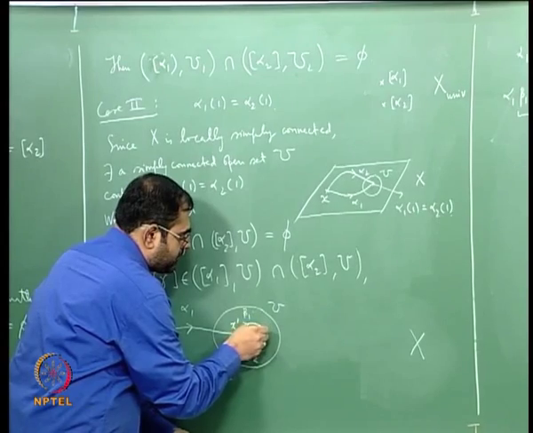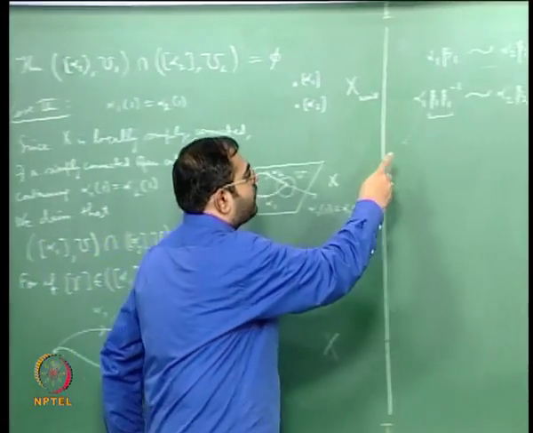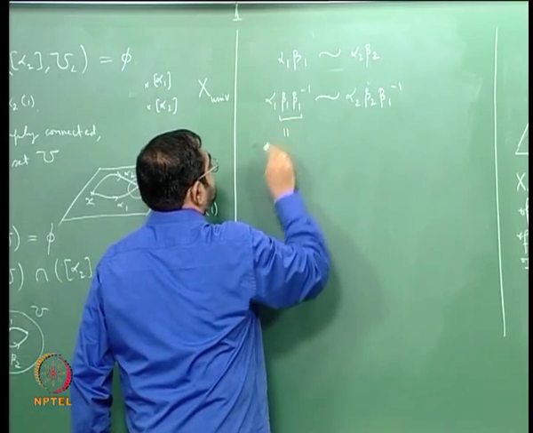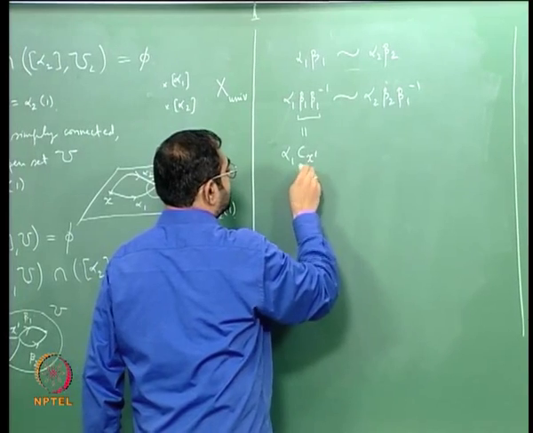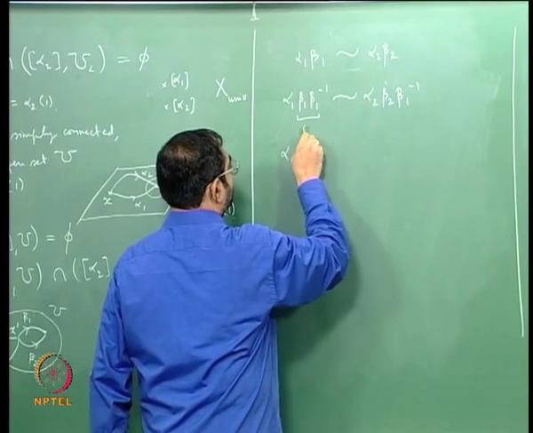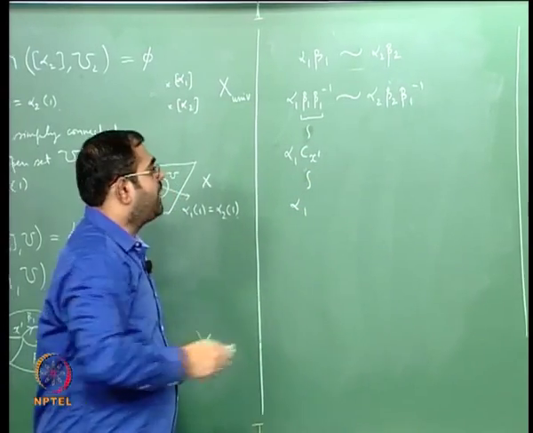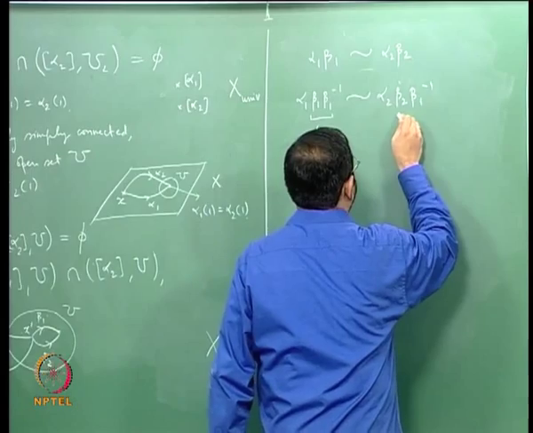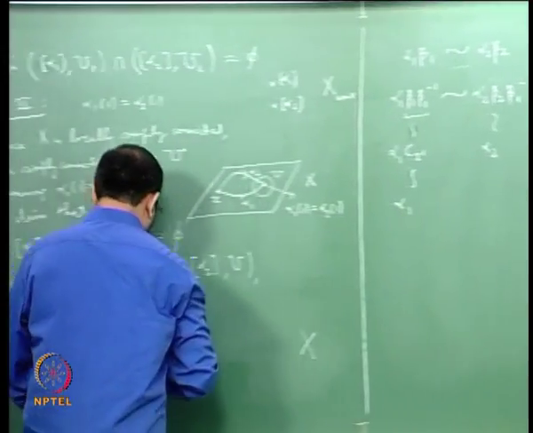Then beta 1 beta 1 inverse is going to be homotopic to the constant path at x prime, okay. So what I will get on this side is just alpha 1 followed by the constant path at x prime, and that is the same as alpha 1 up to homotopy, okay. And what I have on this side is alpha 2 followed by beta 2 followed by beta 1 inverse.